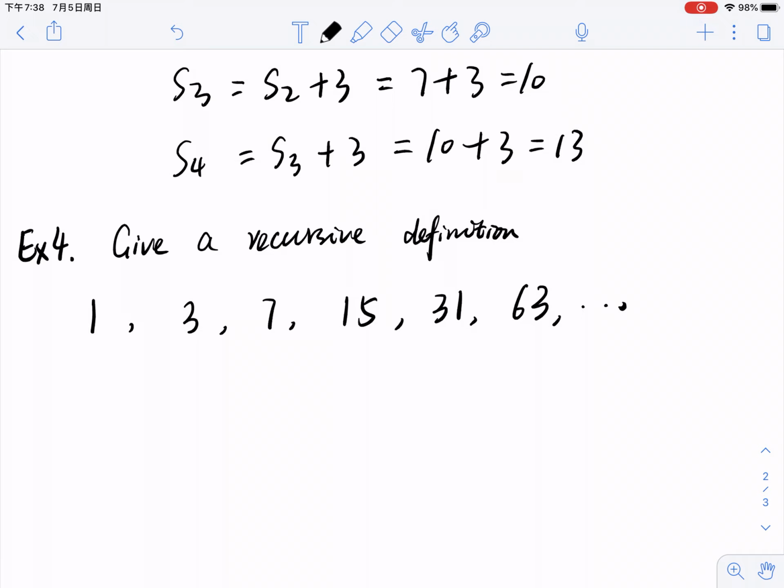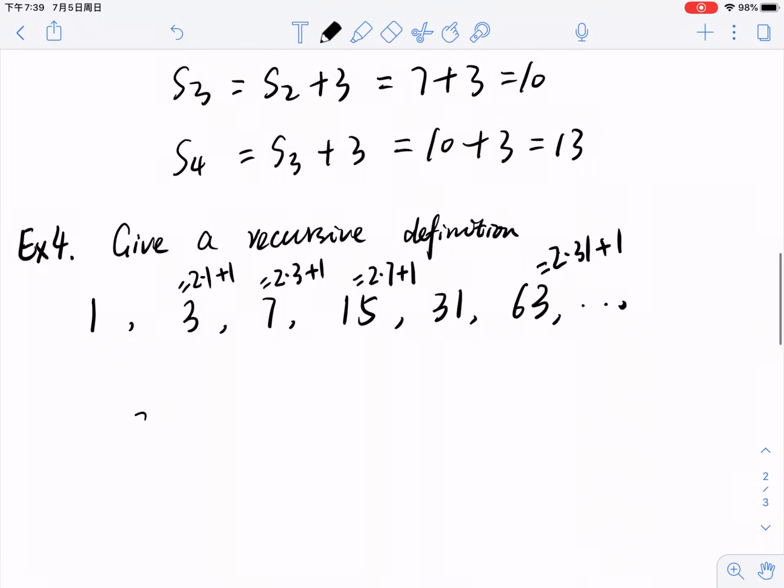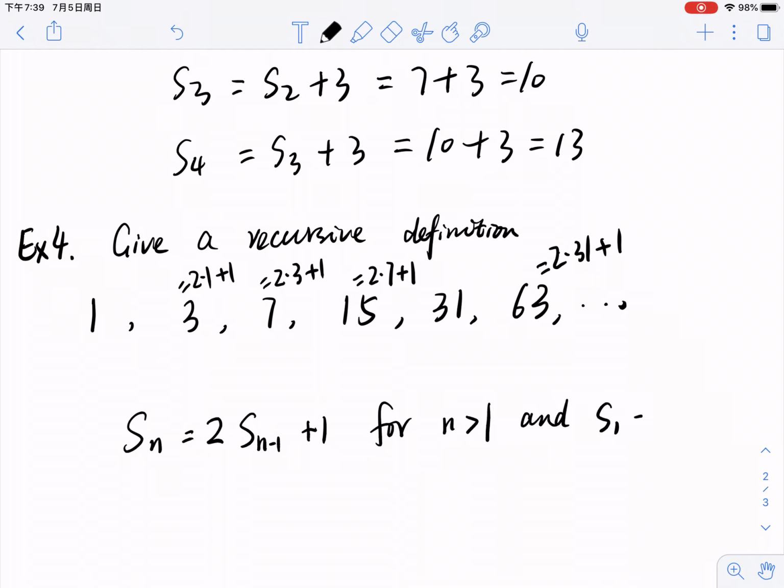For example, 3 is 2 times 1 plus 1. 7 is 2 times 3 plus 1. 15 is 2 times 7 plus 1. And this 63 is 2 times 31 plus 1. So a recursive definition is Sn is 2 Sn minus 1 plus 1, for n bigger than 1 and S1 is 1.